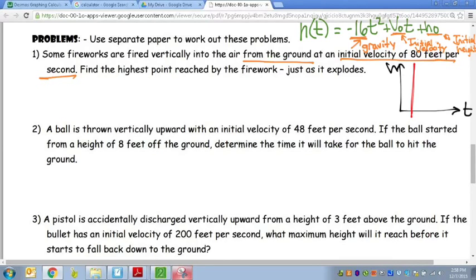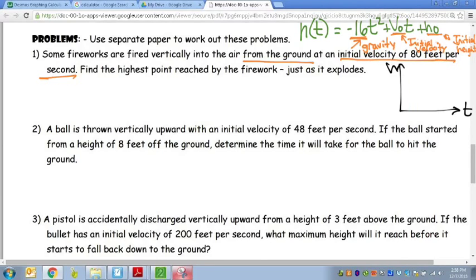So it actually is not going to be a straight up and down line, because these kinds of graphs don't represent the object flying through the air. Whenever we work with this quadratic model equation, we're not talking about the way that the object is traveling. We're talking about how high the object is over time.